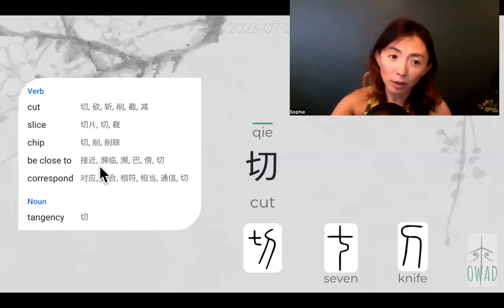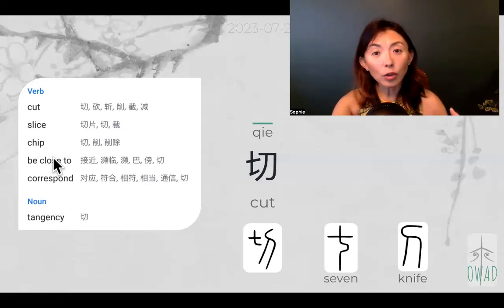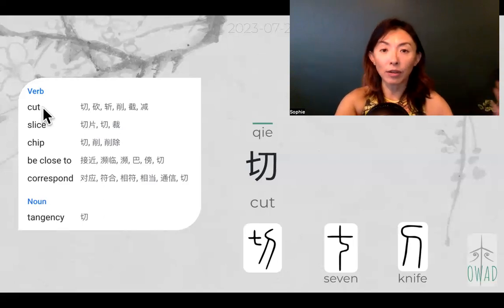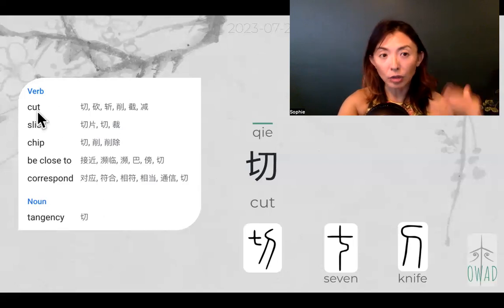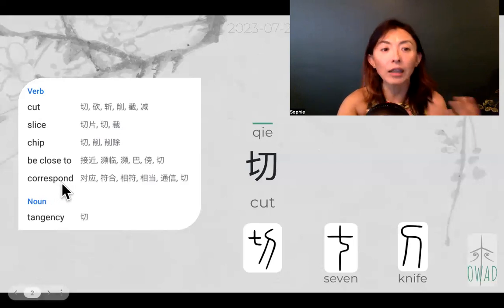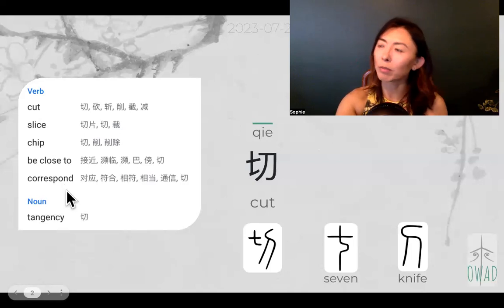I'm not sure how correspond was translated as 切, but here in Google Translate, the top one was the most frequently occurring in Chinese text. So cut is the most obvious one, and correspond is the least occurring. I have no clue why 切 means correspond.